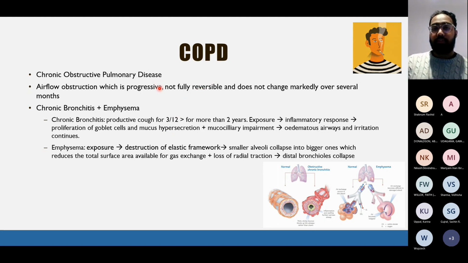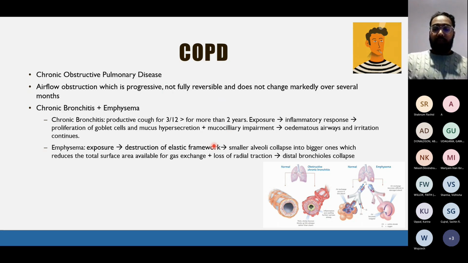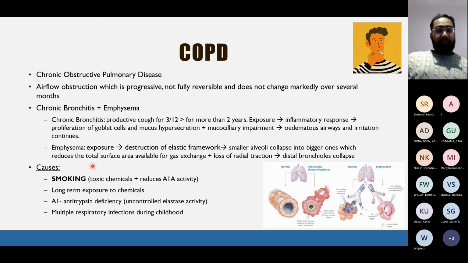So if you do the salbutamol reversibility test, the symptoms aren't going to resolve because the pathophysiology is different. Now, the most common cause of COPD is smoking, but you can get COPD from other things like industrial exposure to chemicals over a long period of time, and genetic conditions like alpha-1 antitrypsin deficiency.